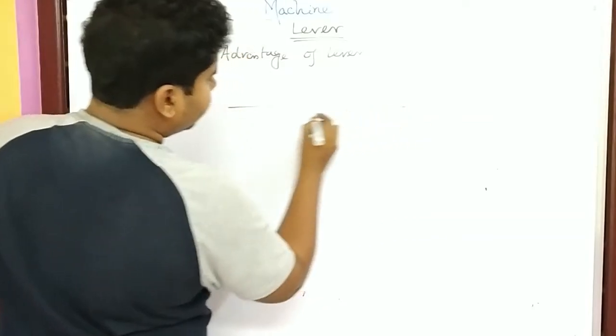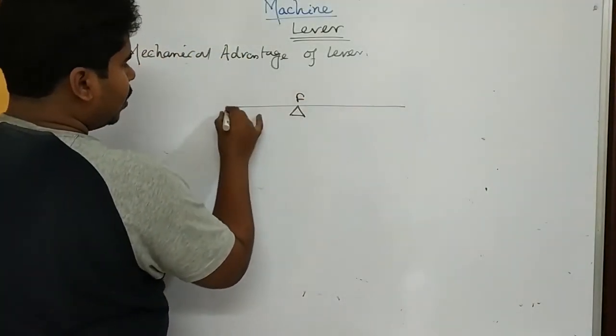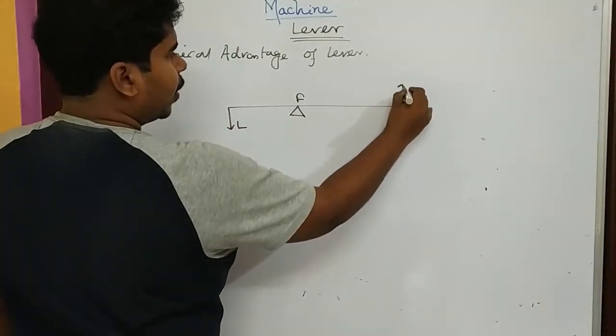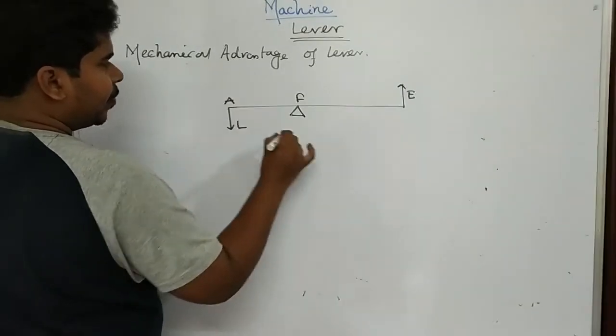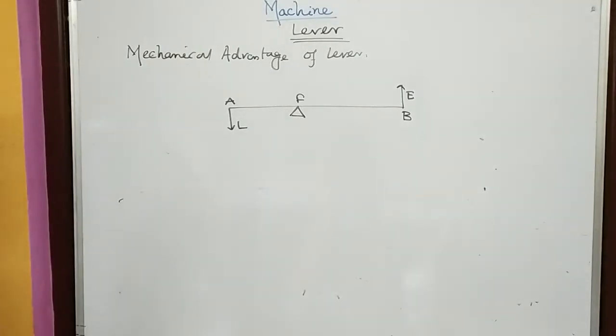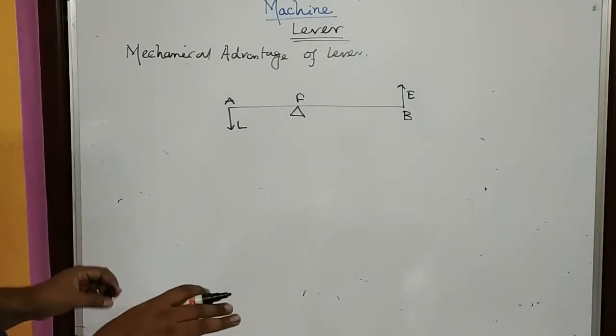Let's see the diagram. Here there is a fulcrum, this is the load, and here it is the effort. This point we have taken A, this point is B. Assume the whole thing is balanced.